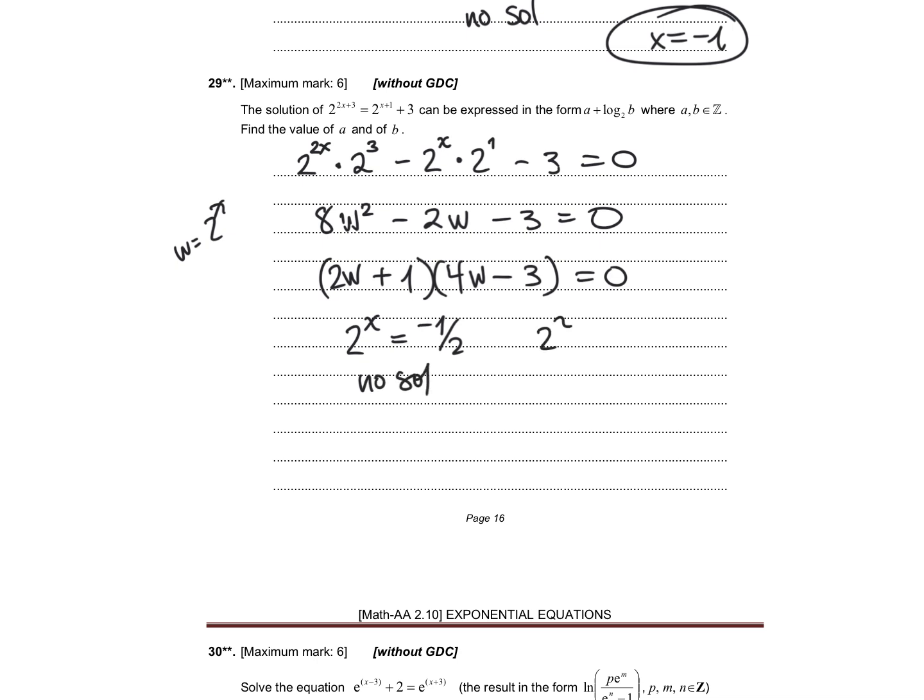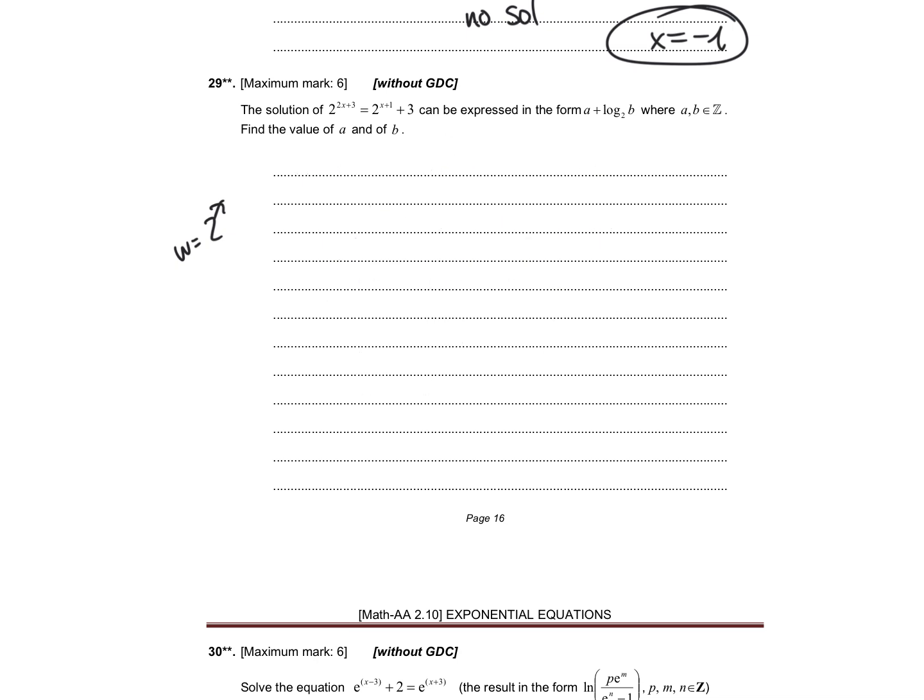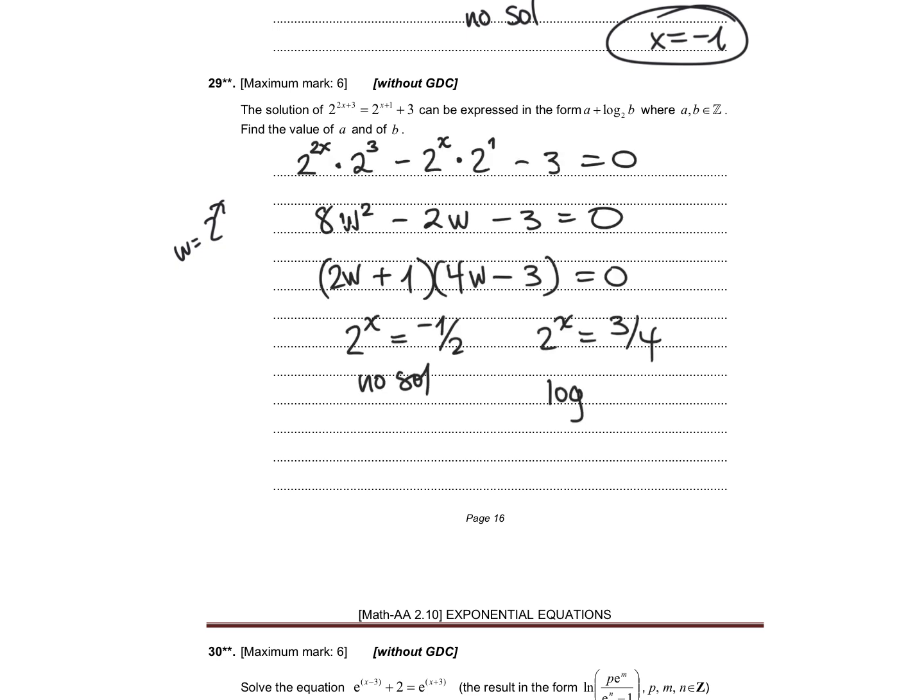And 2 to the x equals 3 over 4. And we can write log base 2 of 3 over 4, which we can write like this. And that equals x. And that one can't be simplified, but this is 2. So a is negative 2, b is 3.